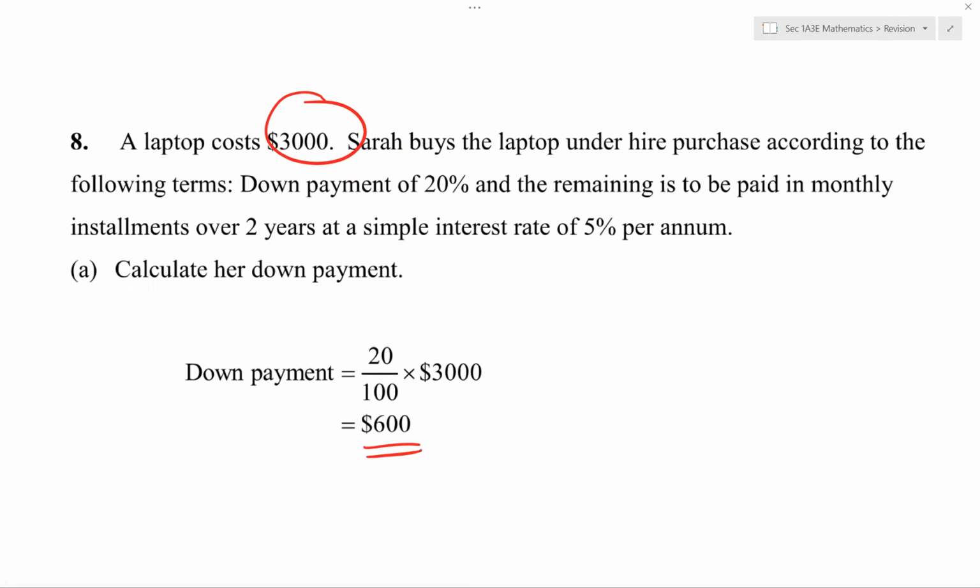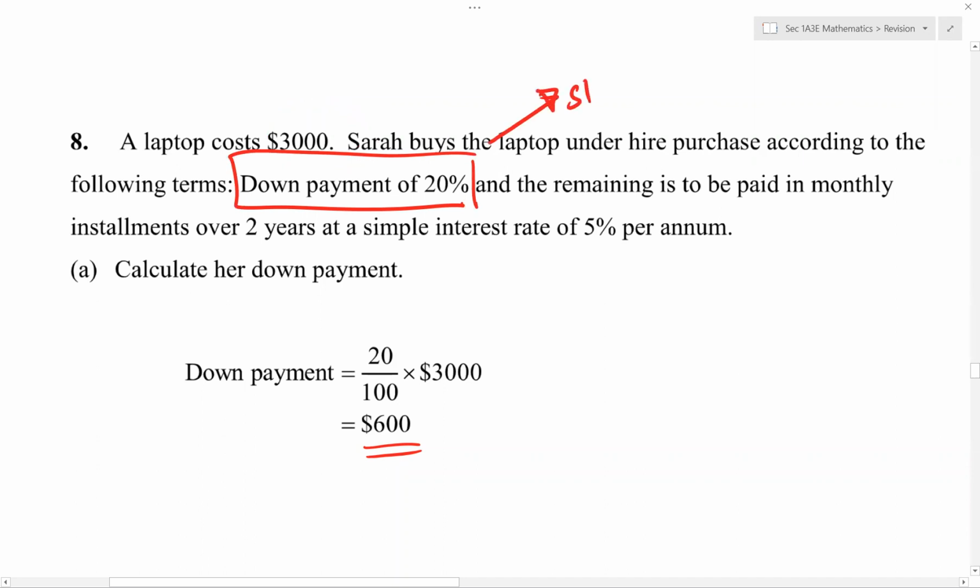There is no such deal that is so good. Pay $600 for a $3,000 laptop. So she still owes a certain amount of money. How much does she owe at this point in time after paying the down payment? So she still owes $2,400. Makes sense, right? Pay 600, you owe 2,400.